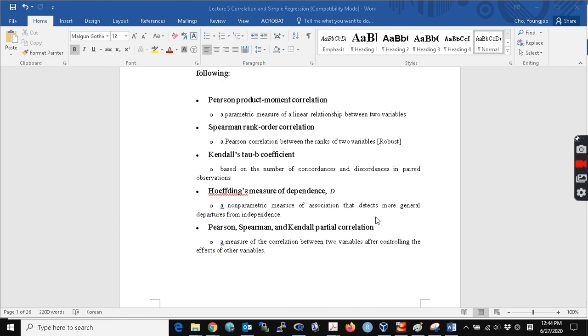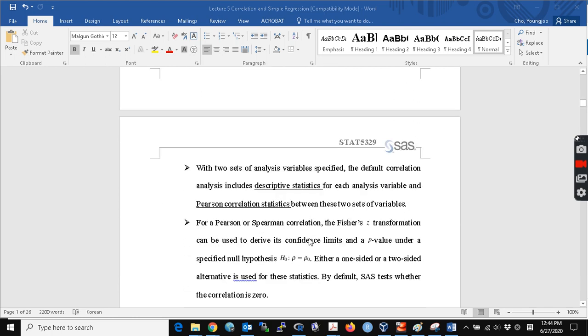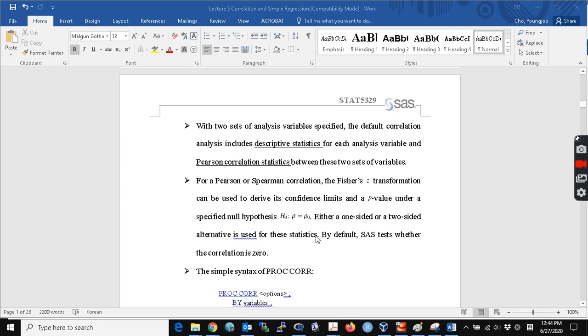That's called the partial correlation. So it also gives the partial Pearson, Spearman, and Kendall correlations. And then the default correlation output includes the descriptive statistics and the partial correlation statistic.